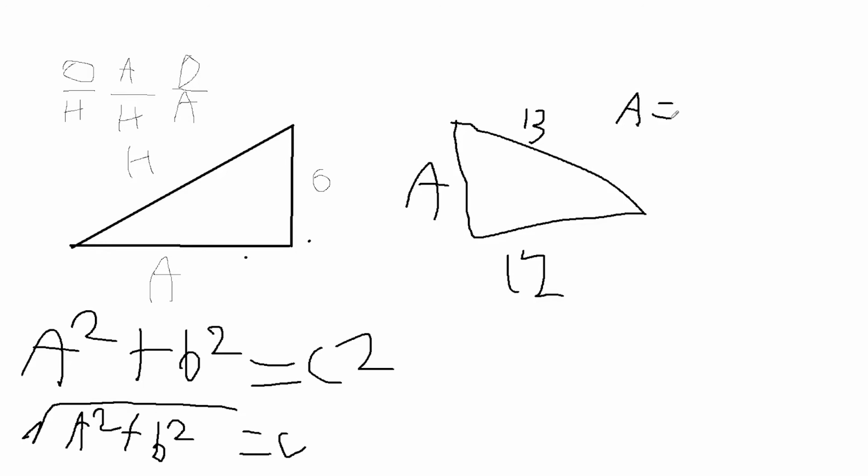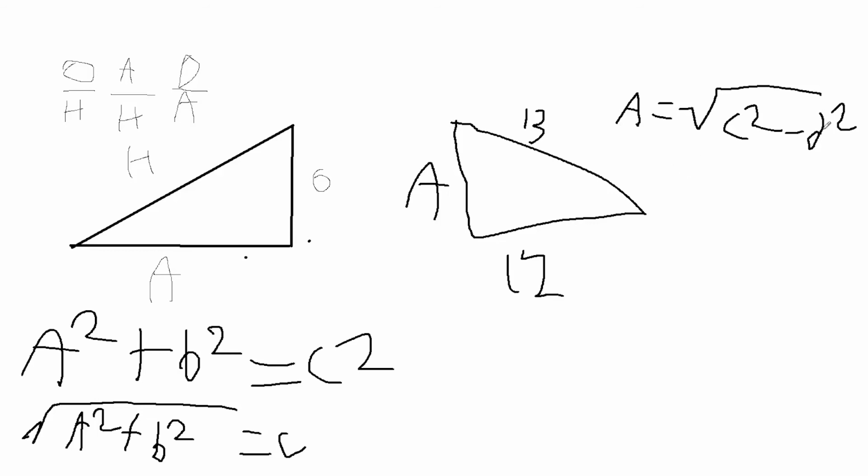A equals the square root of C squared minus B squared. Since we know what these sides are, we're trying to find the value of A, so A squared equals C squared minus B squared.